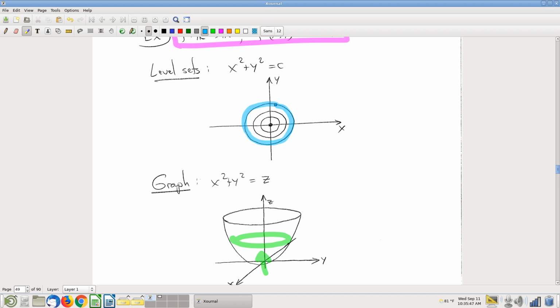So they're not technically the same, but they have the exact same shape. They're described by the same algebra. That same algebra, as a level set, is describing a set in R2. In the graph context, it's describing that same shape, but sitting up at a certain altitude inside of R3. So they're not technically the exact same thing, but this is a really subtle fine point, and you'd be forgiven for not caring about that. Okay. All right.